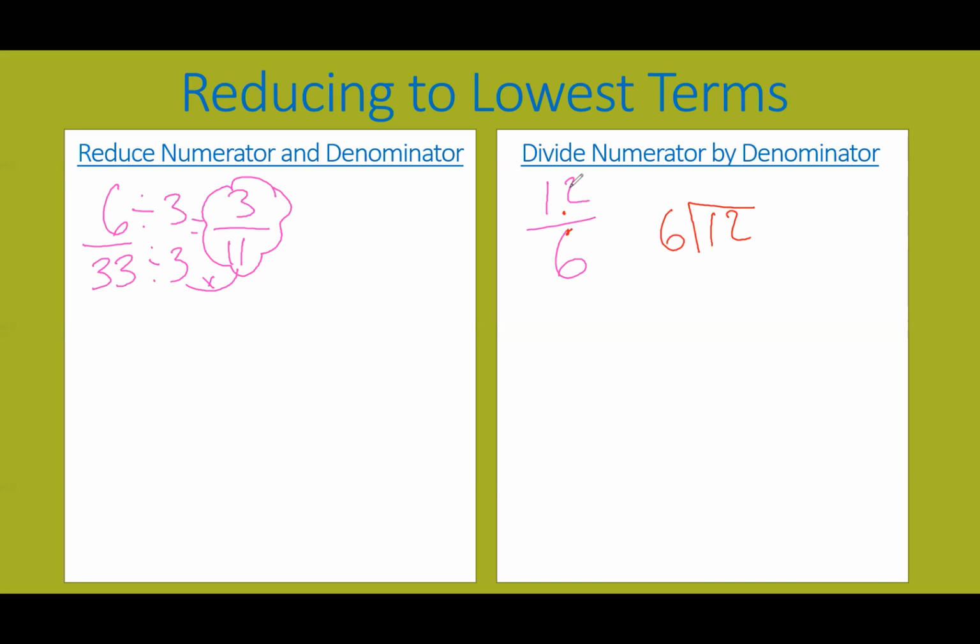It says 12 divided by 6. And 12 divided by 6 is 2, because 2 times 6 is 12. So the answer is 2. That's how we would simply divide the numerator by the denominator.